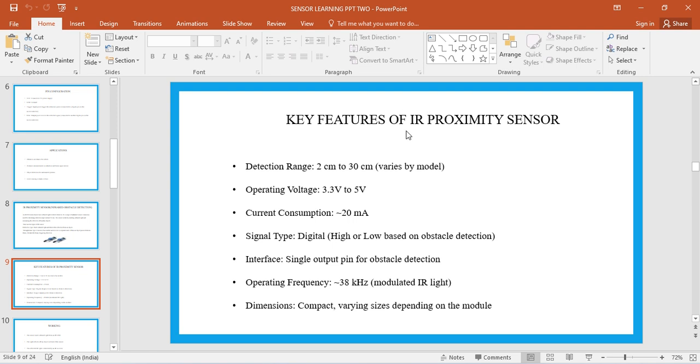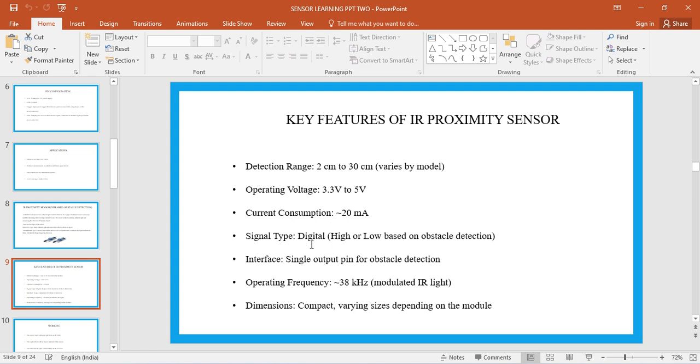Seeing the key features of the IR proximity sensor: the detection range is about 2 cm to 30 cm. The operating voltage is from 3.3 volt to 5 volt. The current consumption is 20 milliamps.